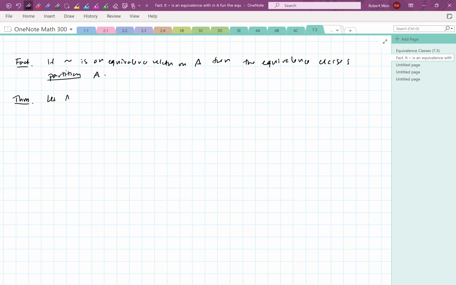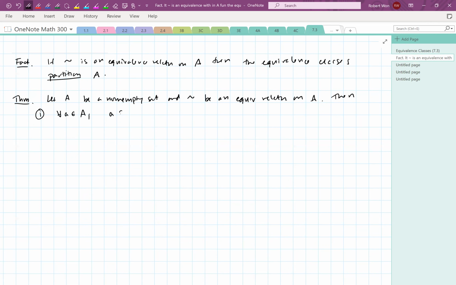So let A be a non-empty set, and let this tilde be an equivalence relation on A. Then three things are true. One, for every a in A, you can find a in an equivalence class.